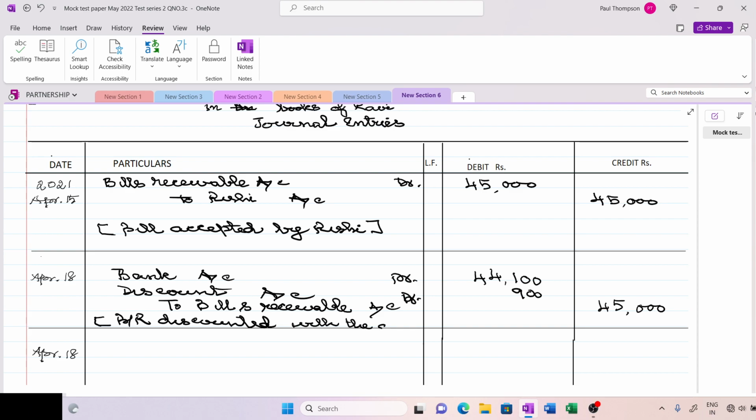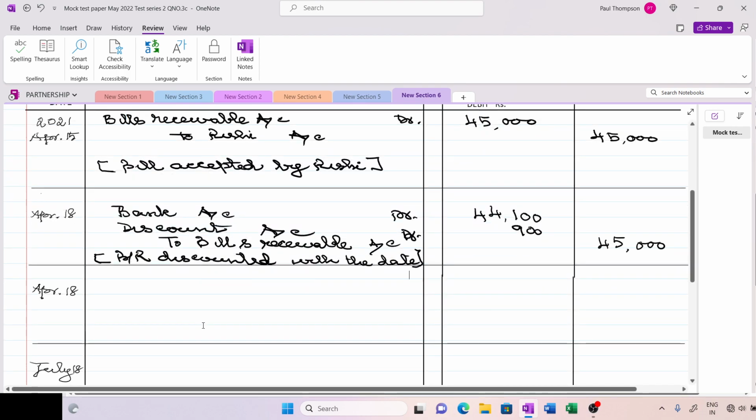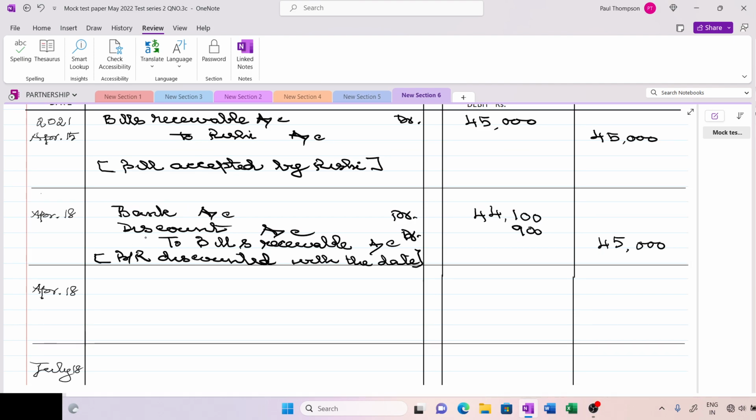Next thing they say that on the same date he remits one third of this proceeds to Rishi. So whenever it is an accommodation bill, the discount charges are also borne by both the parties.